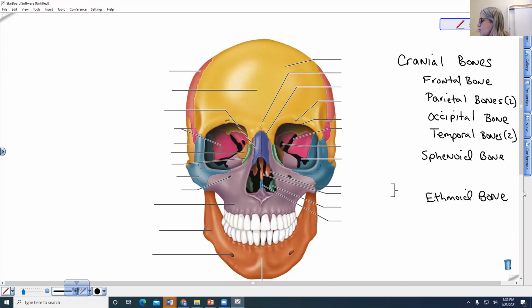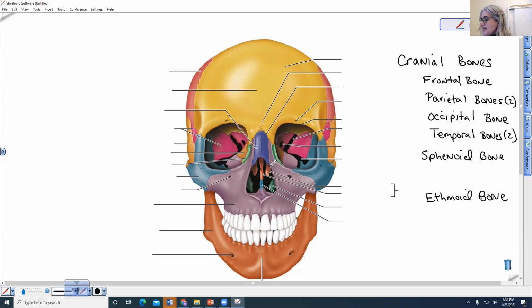So the sphenoid bone is what we refer to as the butterfly-shaped bone. And it can be seen when you look at the inside of the skull. If you remove the top of the cranium and you're looking down, that's where you can see that butterfly shape. And then the ethmoid bone makes up part of our sinuses, and it also extends down and makes up part of the separation between the two sides of our nasal cavity.